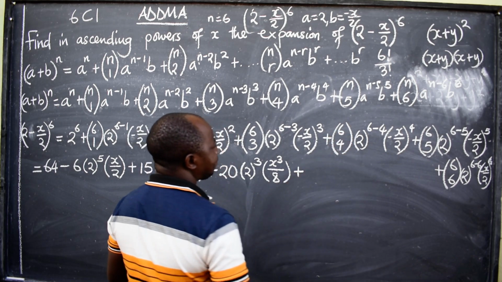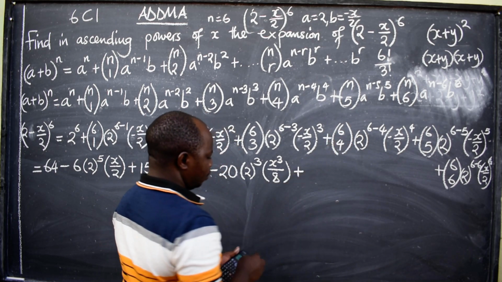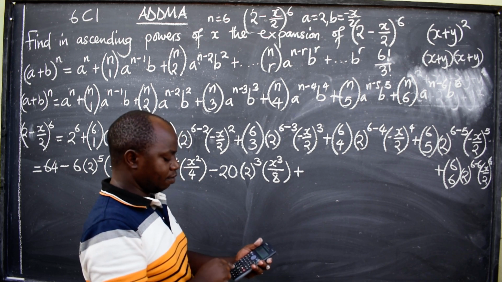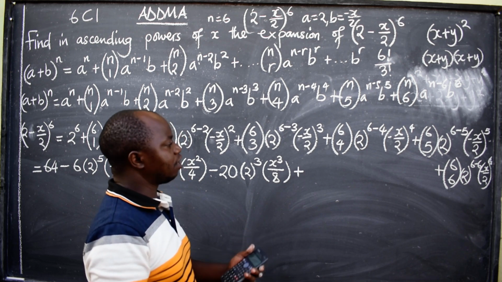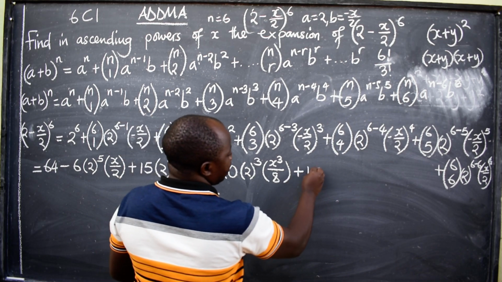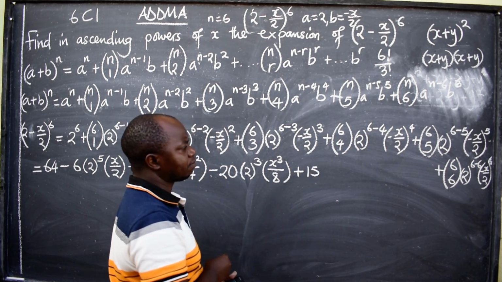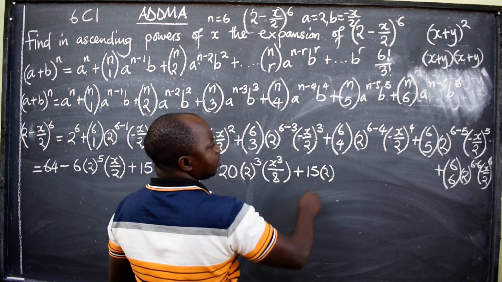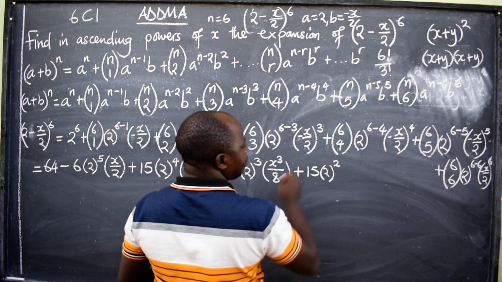I start this. 6 choose 4. So 6 combination 4. This will give me 15. So this will be 15. Then open bracket. This is 2. Here I'll get 2.